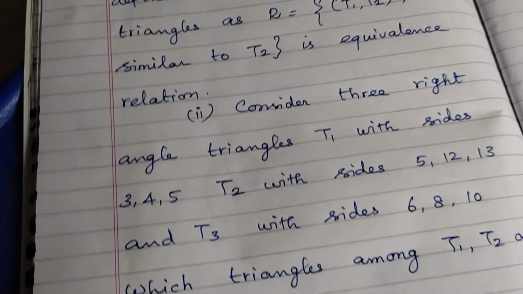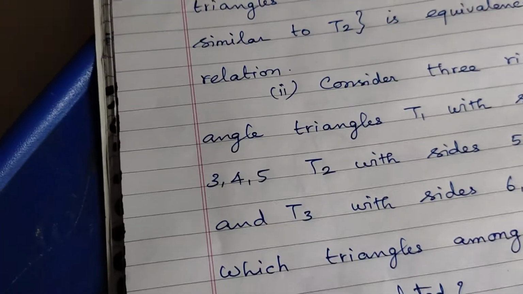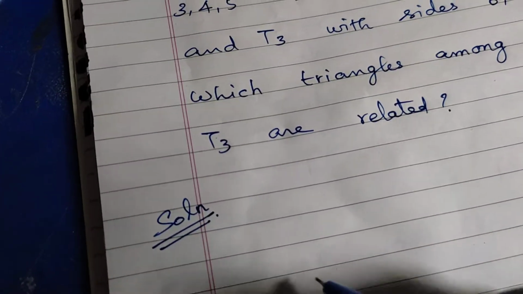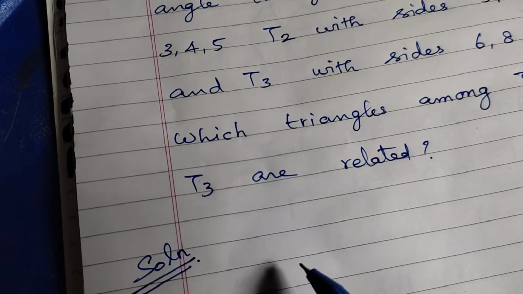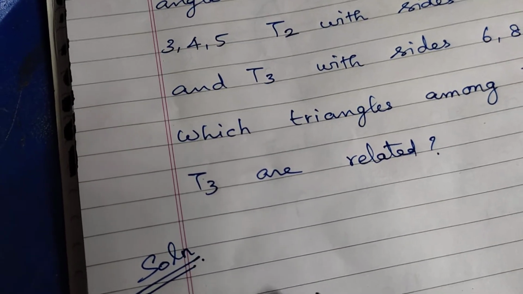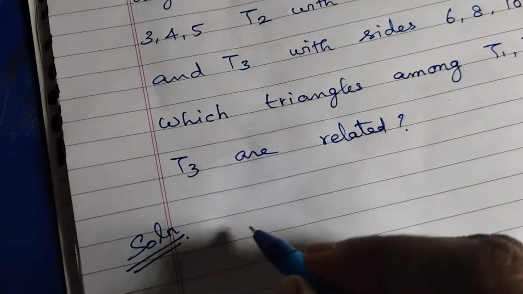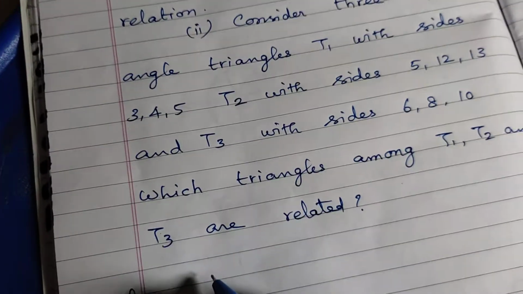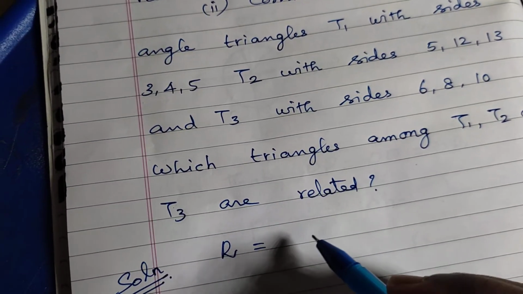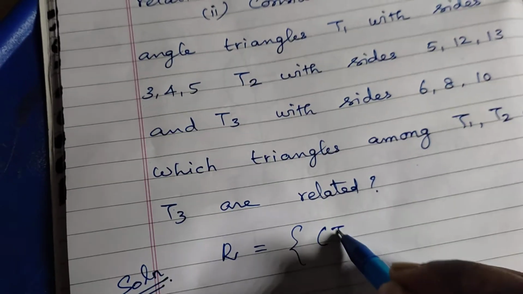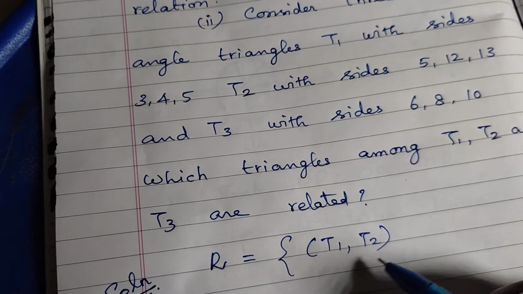First we have to prove that R is an equivalence relation. Here we are giving the solution. First we write the given relation. R is equal to the set of all (T1, T2), the pair in the relation.